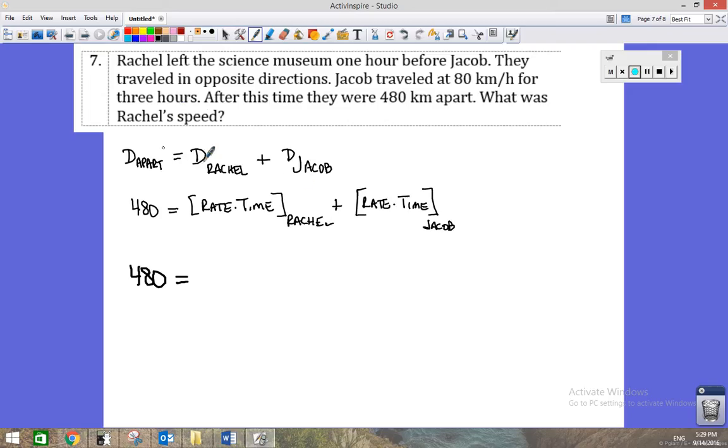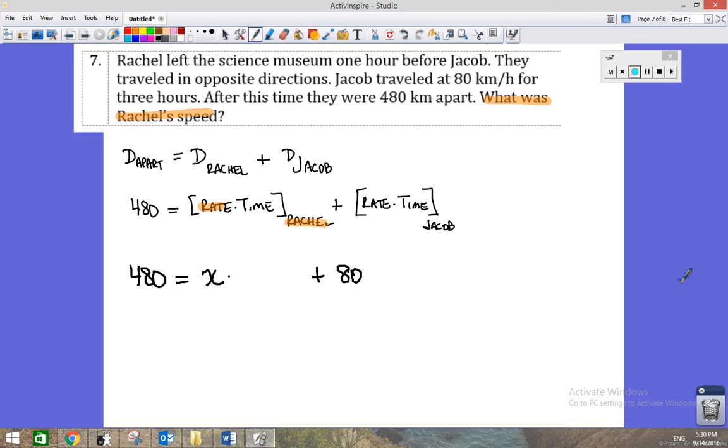It's asking us for Rachel's speed, her rate. So what was Rachel's speed? We don't know that rate, so let's let that be x. And we know Jacob's rate, 80 kilometers per hour.